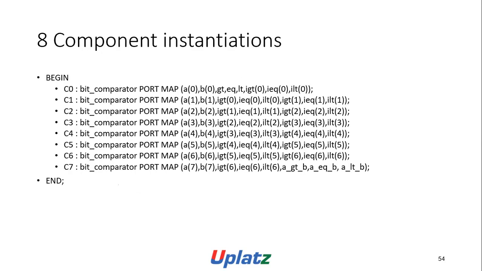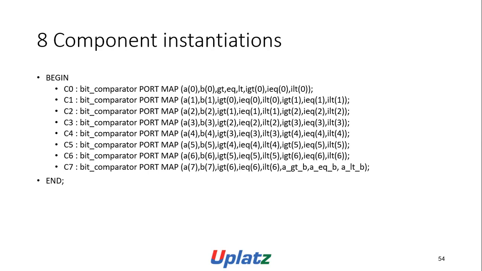Component instantiation, begin. C0 bit comparator port map A0, B0, GT, equal to, less than in, IGT 0, IEQ 0, ILT 0. C1 bit comparator port map A of 1, B of 1, IGT of 0, IEQ of 0, ILT of 0, IGT 1, IEQ 1, ILT 1.